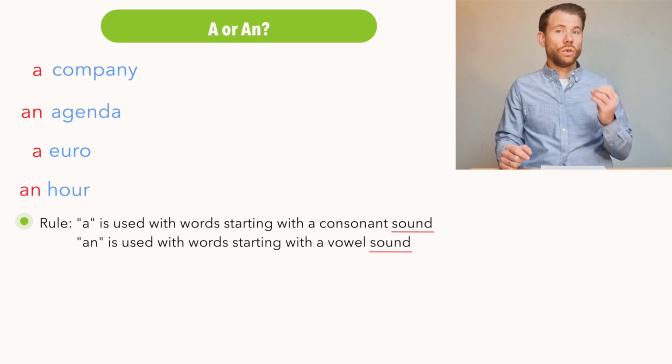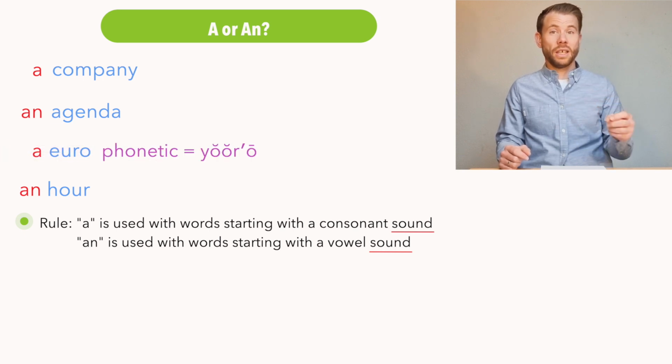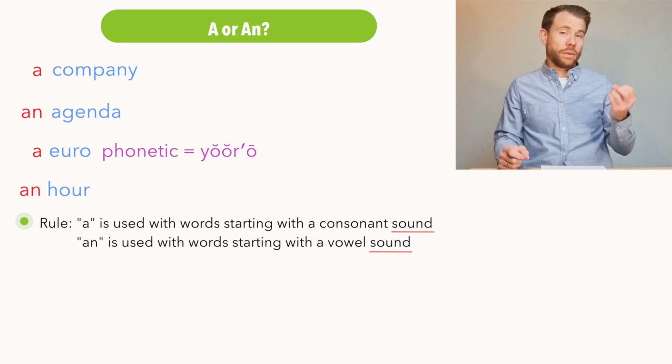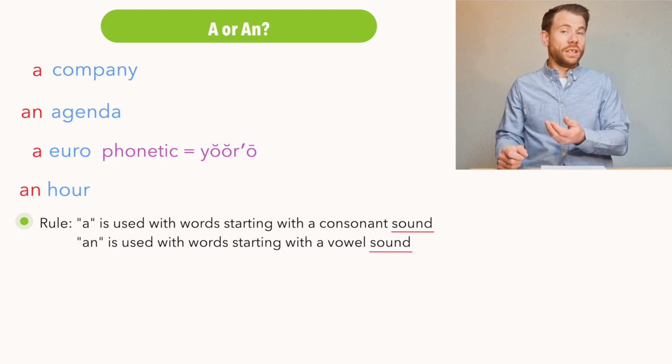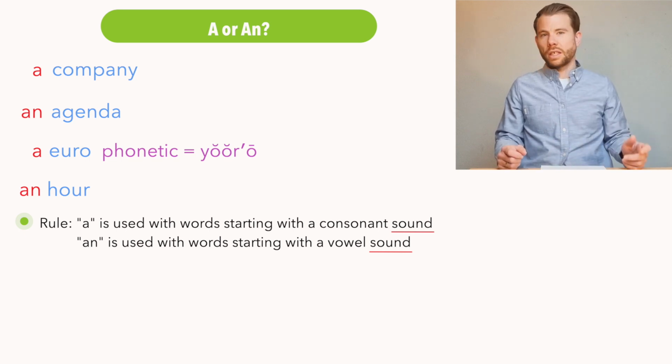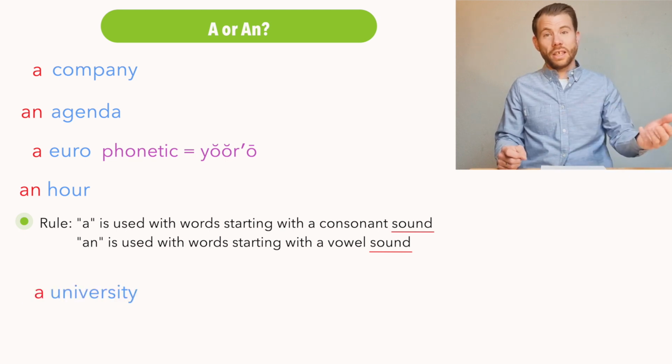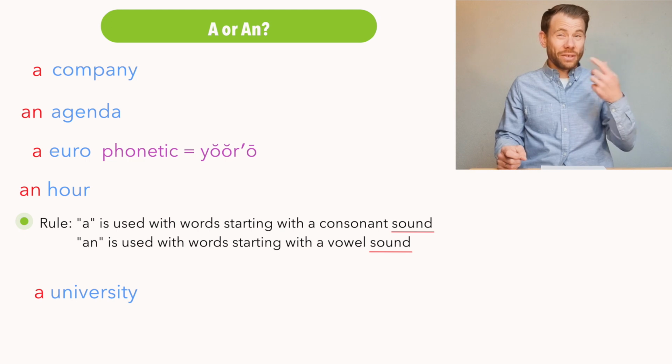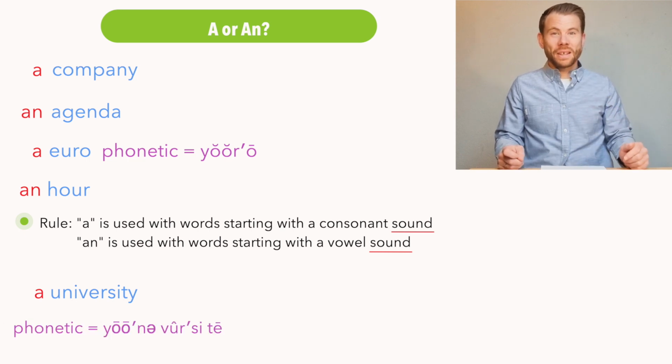So the word euro, the sound you make is like a Y sound. And this is a consonant in English. So, because you make a consonant sound, you need a euro. It's the same for the word university. It's a university, not an university. It's difficult to say, for me anyway.